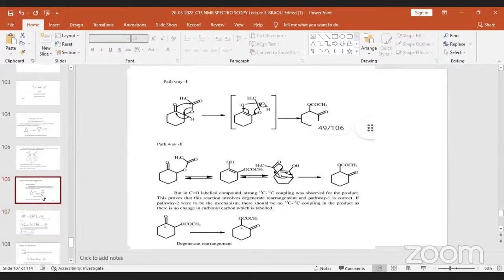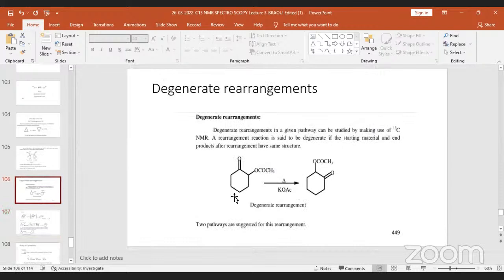Since both the starting material and the product in this rearrangement are the same, normally it cannot be identified. But with a C13 enriched sample, suppose this carbonyl carbon is enriched, you will have C13 carbonyl and also C13 here.